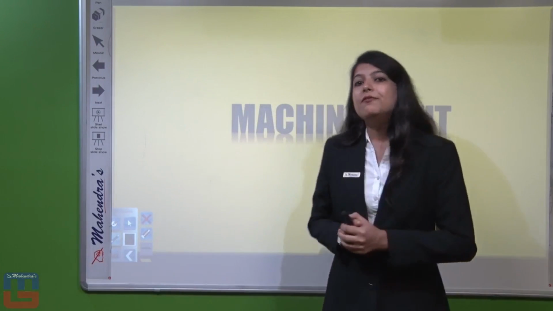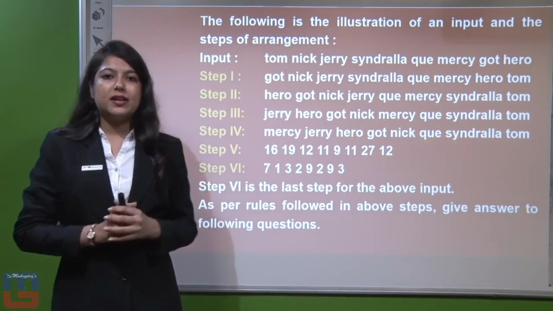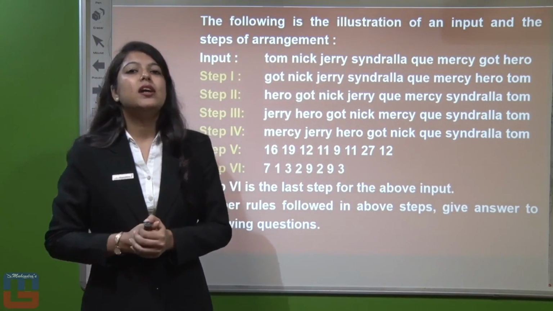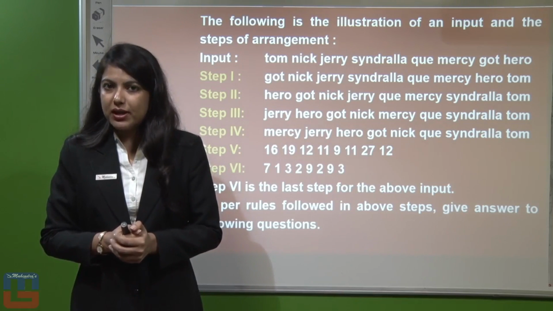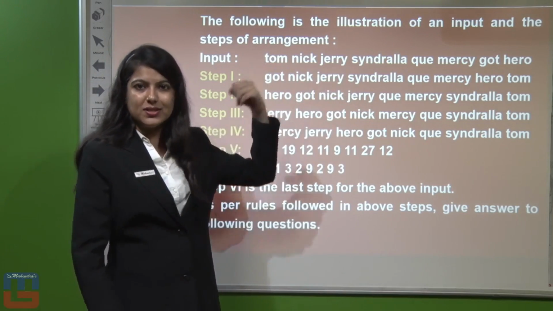For the pattern, we will find one input, and in that input there can be only a word arrangement, only a number arrangement, or a mixed arrangement of words and numbers. Here, in the input we are getting only a words arrangement.